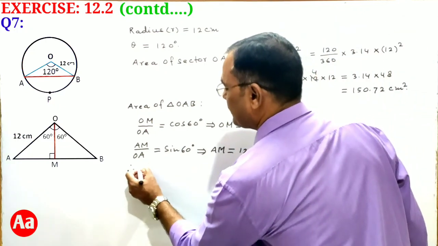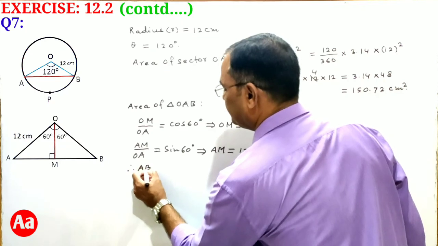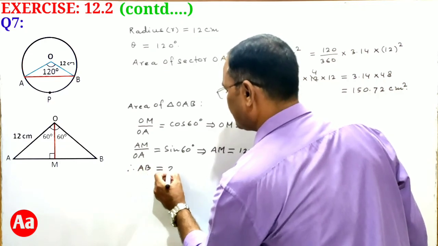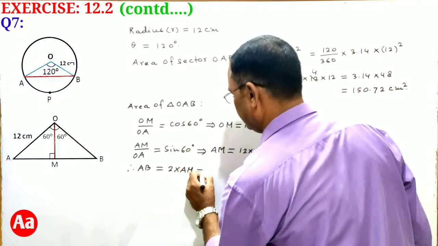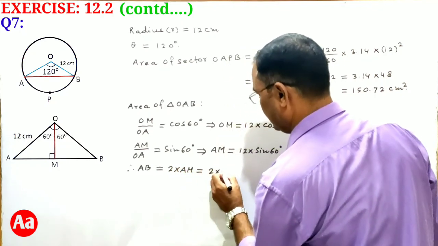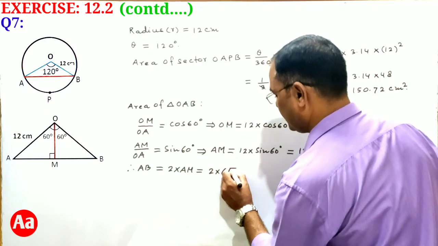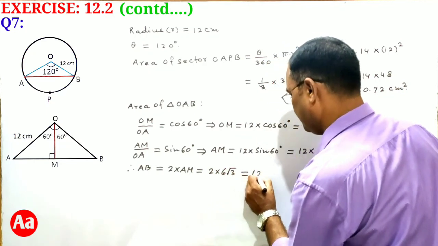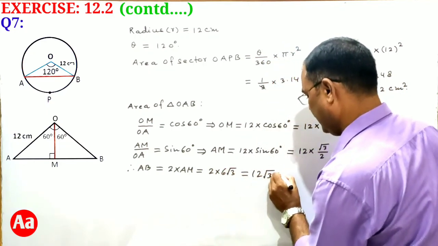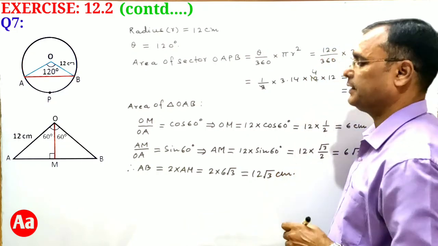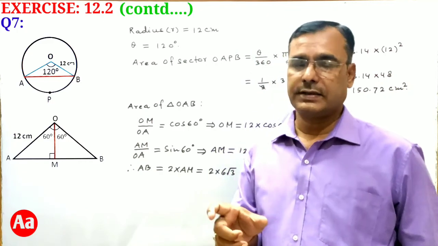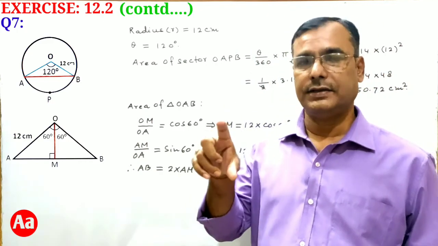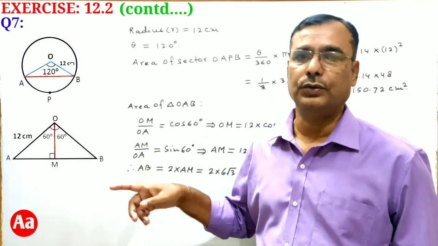Therefore AB, that is 2 into AM, equal to 2 into 6 root 3 equal to 12 root 3 centimeter. So this way we have calculated base AB and height OM of the triangle.